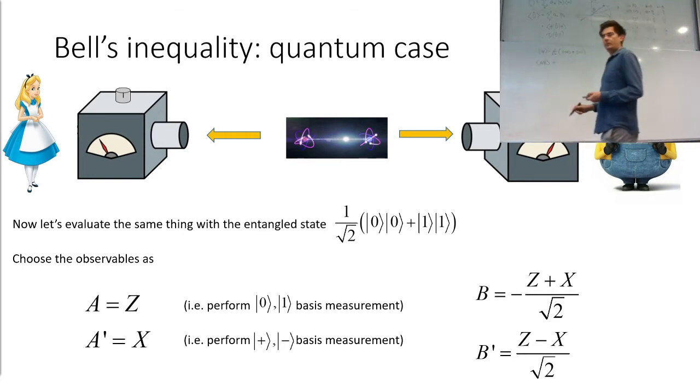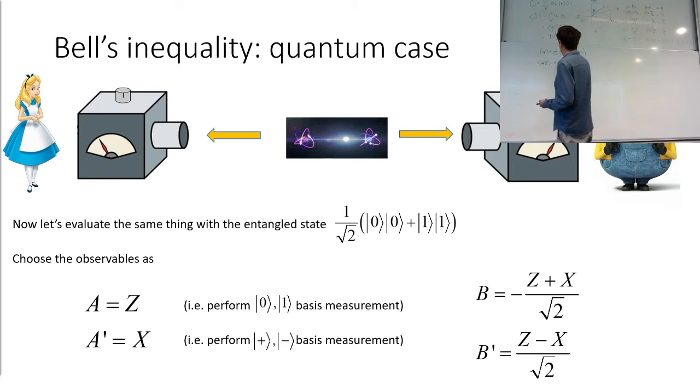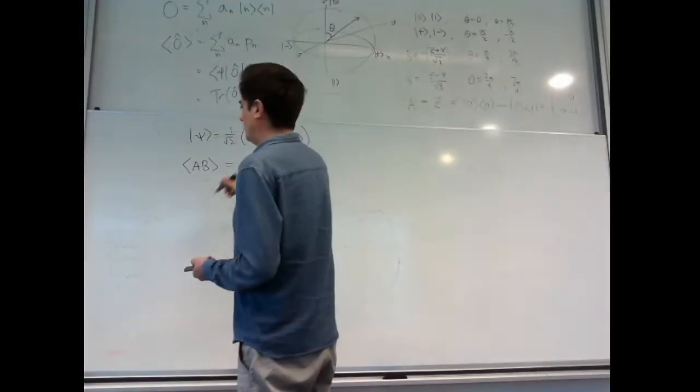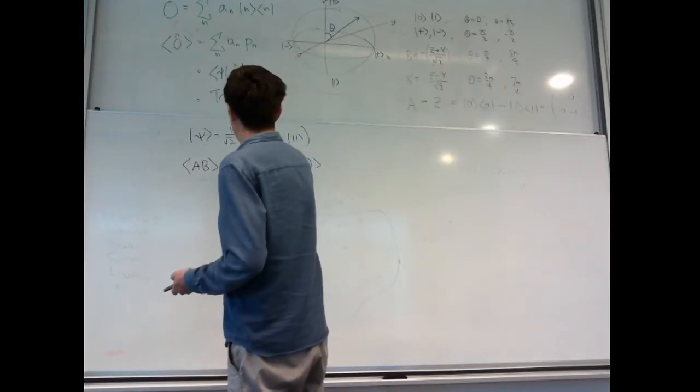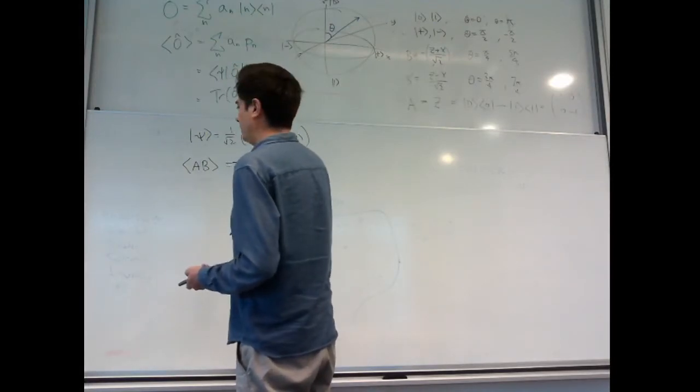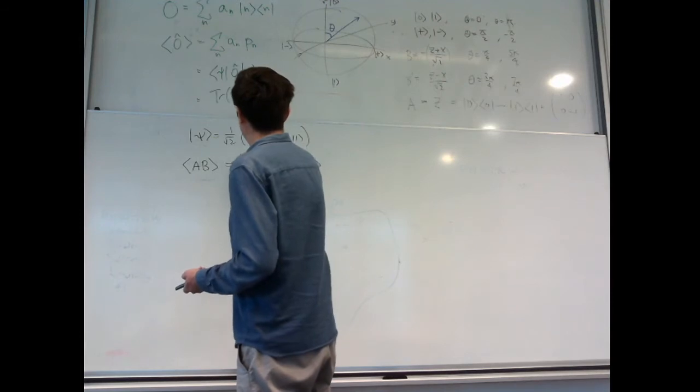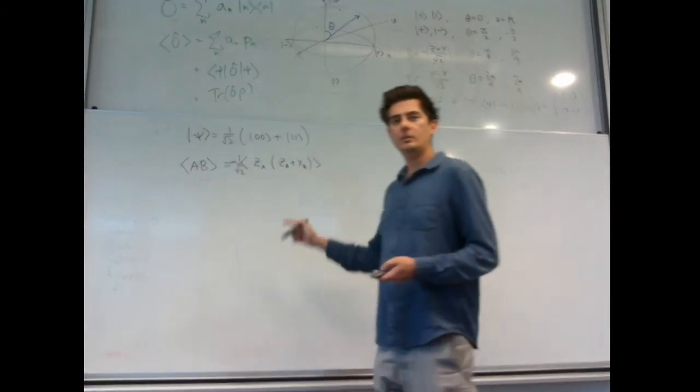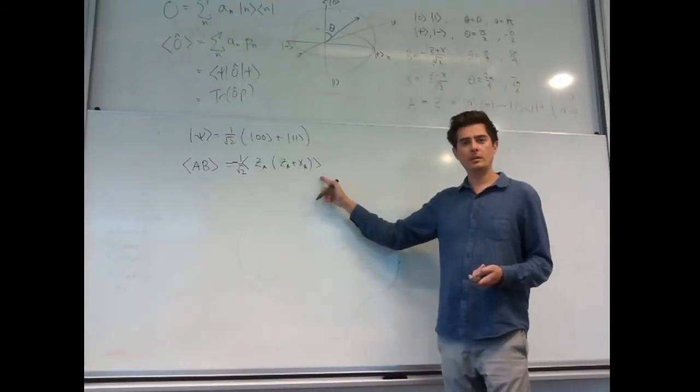Let's substitute the definitions of AB. So I'm going to put an A here: ZB plus XB. There's a minus sign here, pull that out. There's also a factor of 1/√2. Okay, so I just substituted the definitions into there.